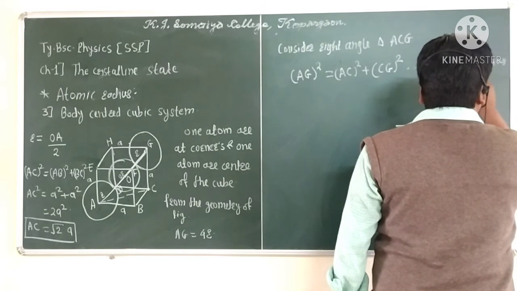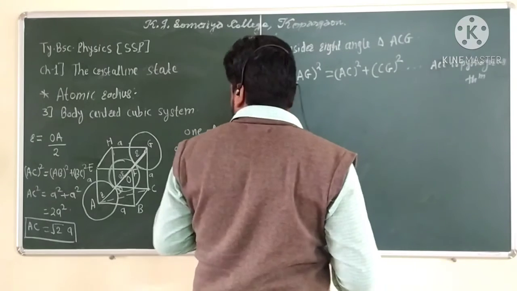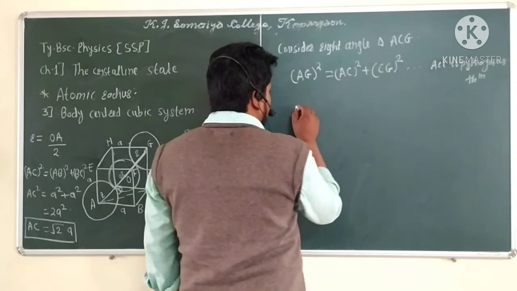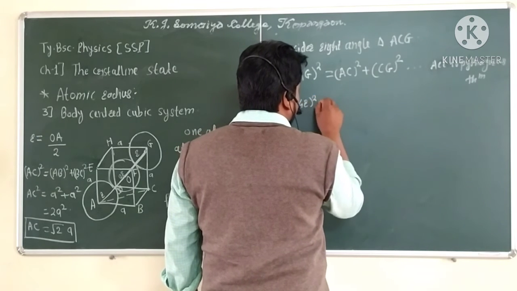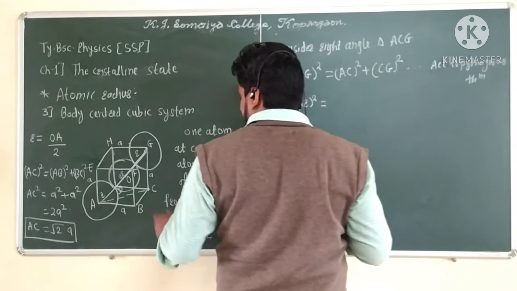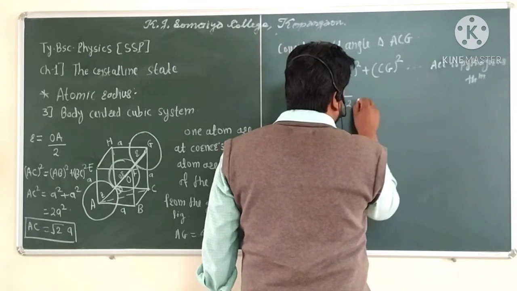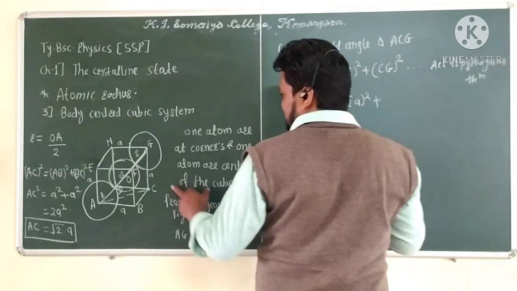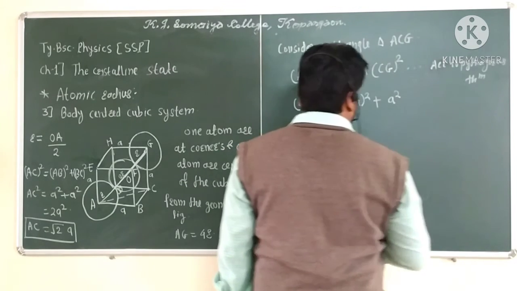Okay, so consider here AG, which is R plus 2R plus R, so AG is 4R, whole square, which is equal to AC square, that is the square root of 2A whole square, plus this CG square, which is A square.